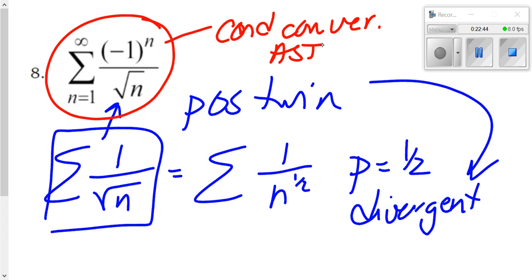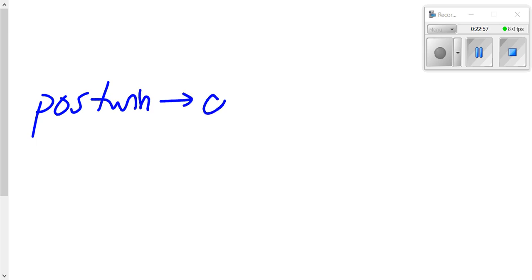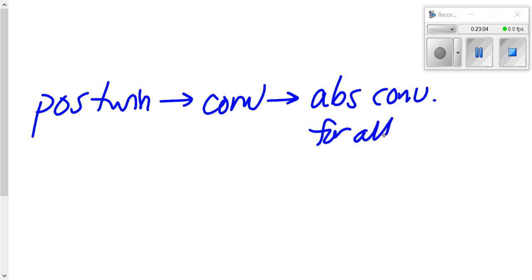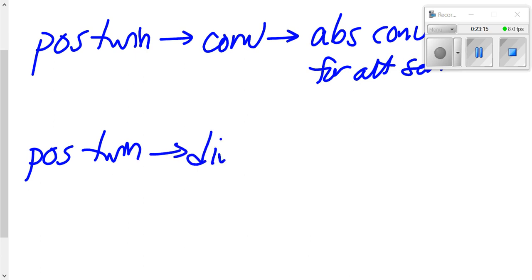All right, so that's that. Hopefully it makes sense to you that you always are looking at the positive twin. The positive twin situation tells you what to do. Either the positive twin is going to be convergent, in which case you have absolute convergence for the alternating series. Or, if your positive twin is divergent, then you're going to do your alternating series test.